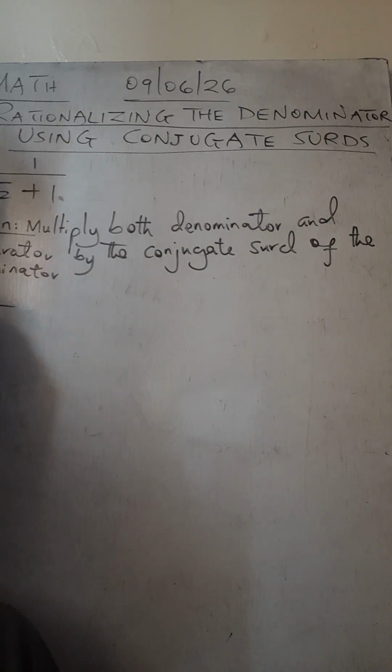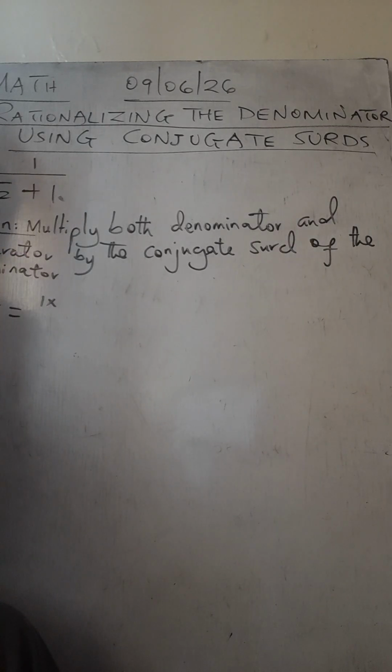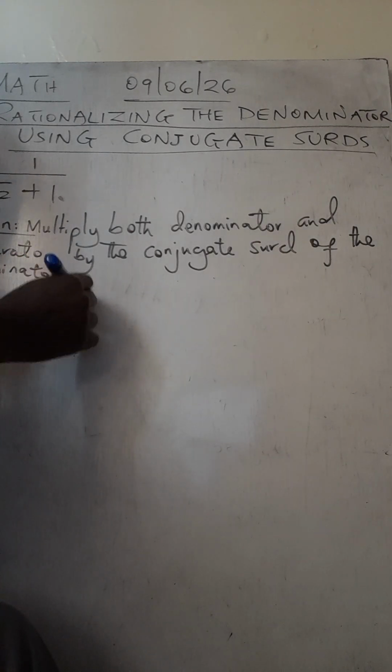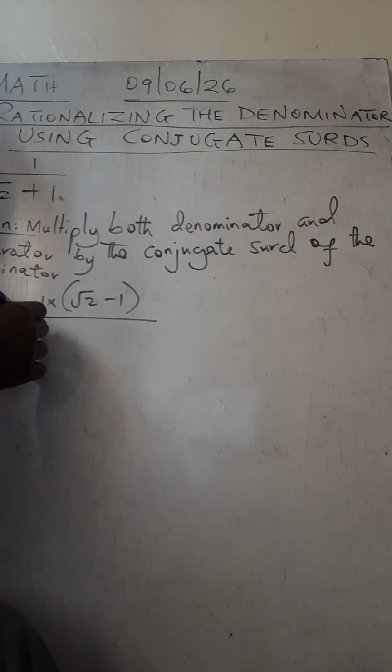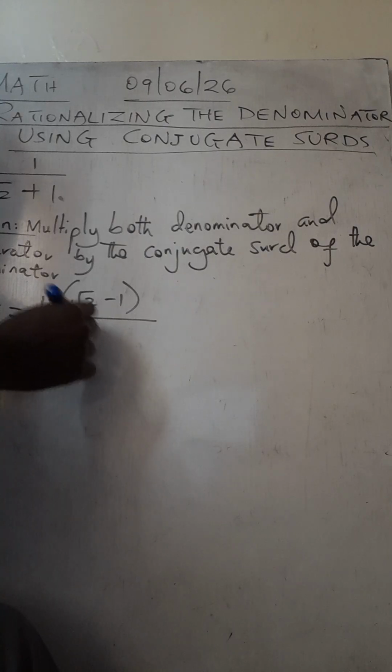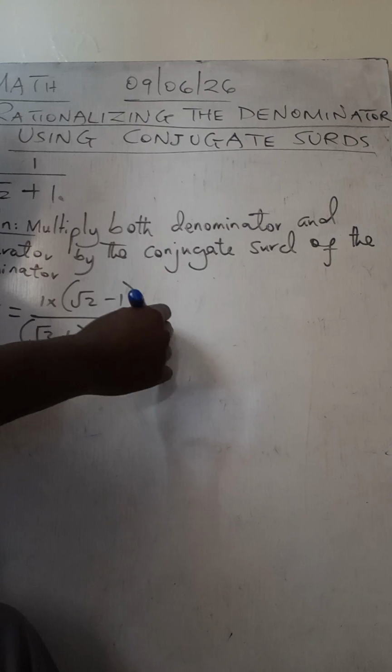So we are going to have 1 over root 2 plus 1 equal to 1 times the conjugate surd, root 2 minus 1, over root 2 plus 1 multiplied by the conjugate surd, root 2 minus 1.